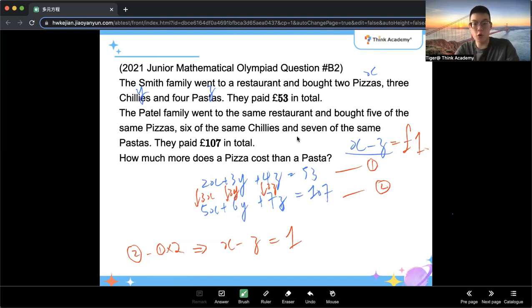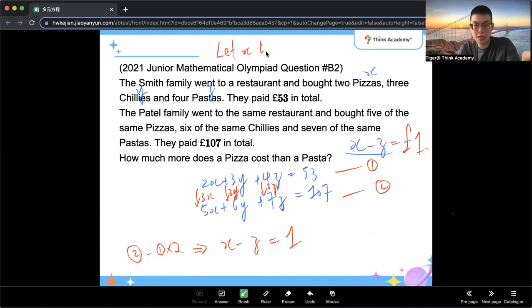Okay? But of course, when you are writing it, try to write it more properly. I'm just trying to teach you how we can think about these kinds of questions, but that's definitely not the proper way of writing it. If you want to write it the proper way, first of all, you need to have the let sentence.